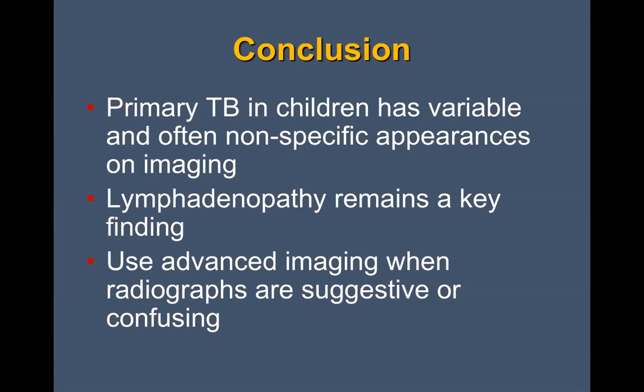So I wouldn't argue with, if you've got to take a lot of chest X-rays on a lot of children in a short period of time, then you might be relegated to doing just 1 view of the chest. But if you have any other reason to have a higher degree of suspicion of TB, whether it be contacts or other symptoms, then I think you should probably do a 2-view.